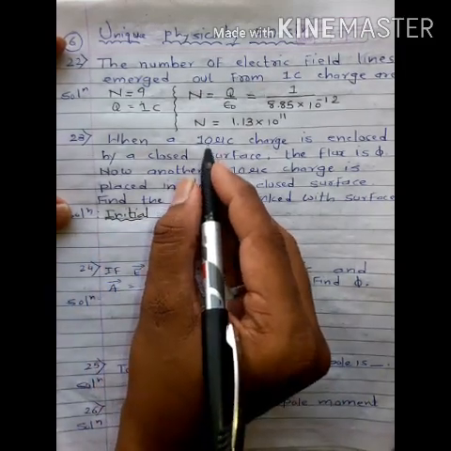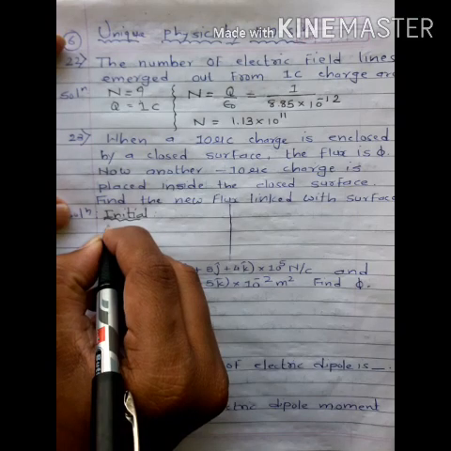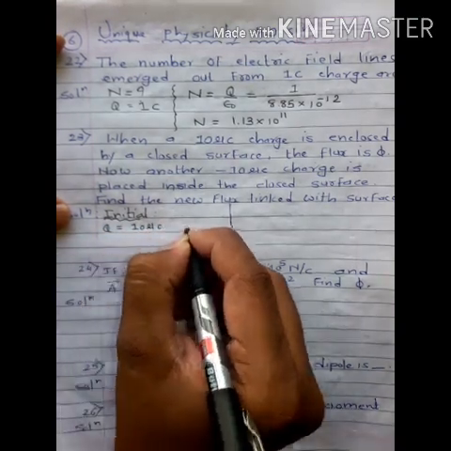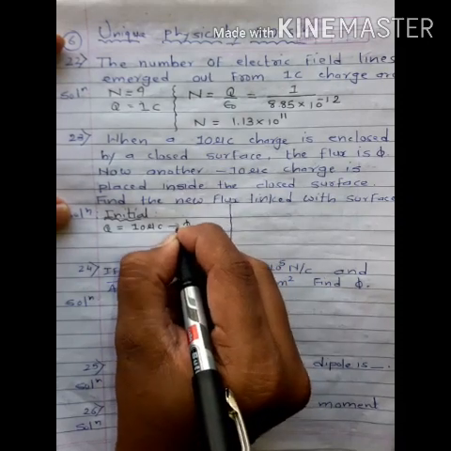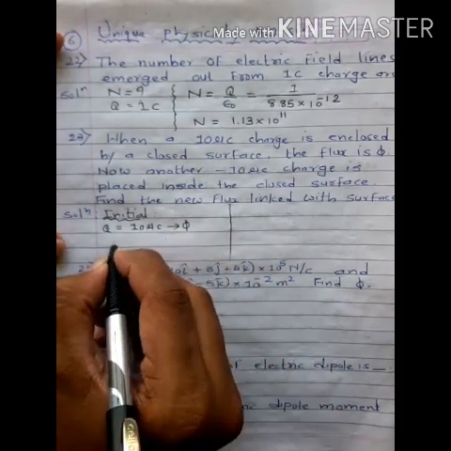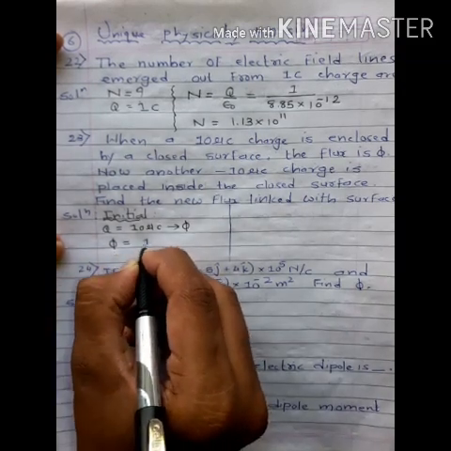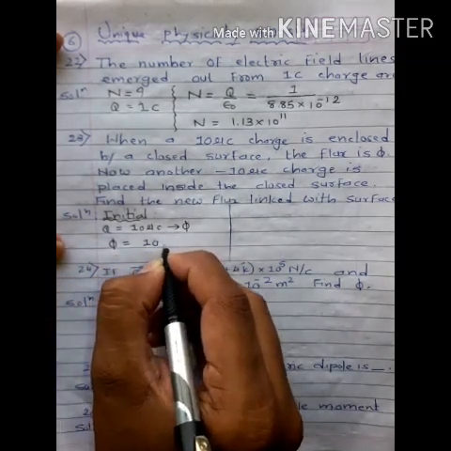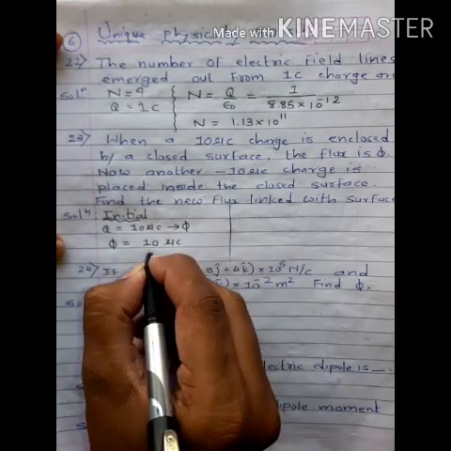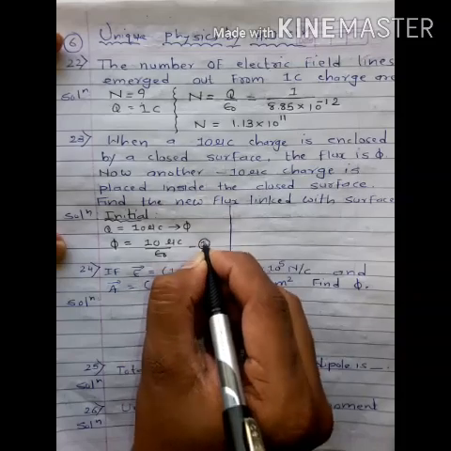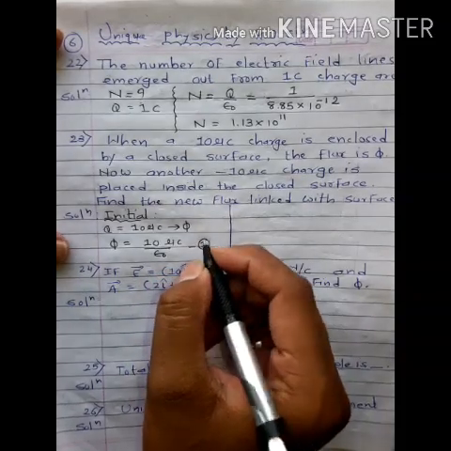Here the value of electric charge Q is 10 microcoulomb. So flux is phi. Use Gauss law and find your first equation. So phi is equal to 10 microcoulomb upon epsilon 0. This is your initial condition, equation number 1.